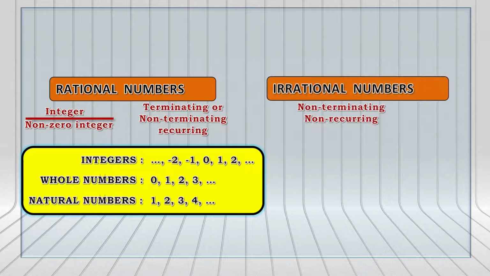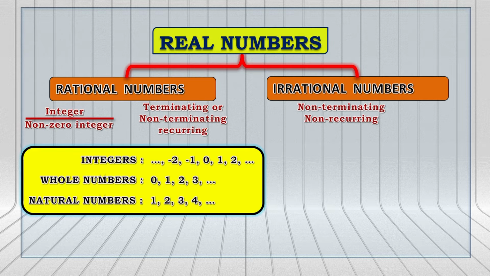Irrational numbers are non-terminating and non-recurring numbers. If we combine rational numbers and irrational numbers, we get the real numbers. So real numbers can be categorized into two main parts, rational numbers and irrational numbers. In this chapter, we will be covering the real numbers, both rational and irrational.